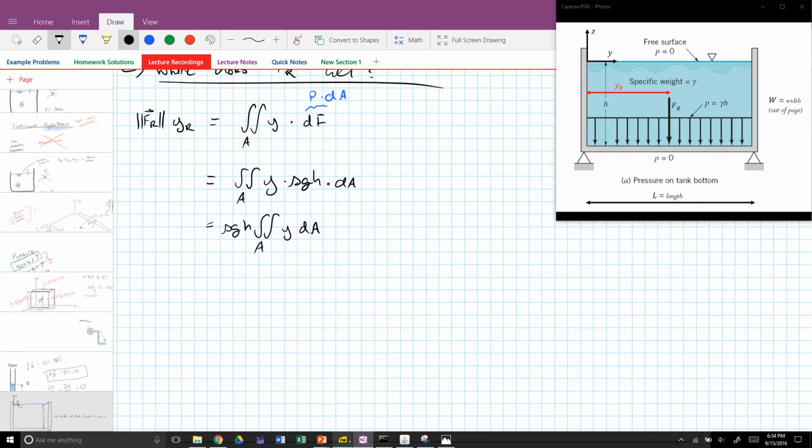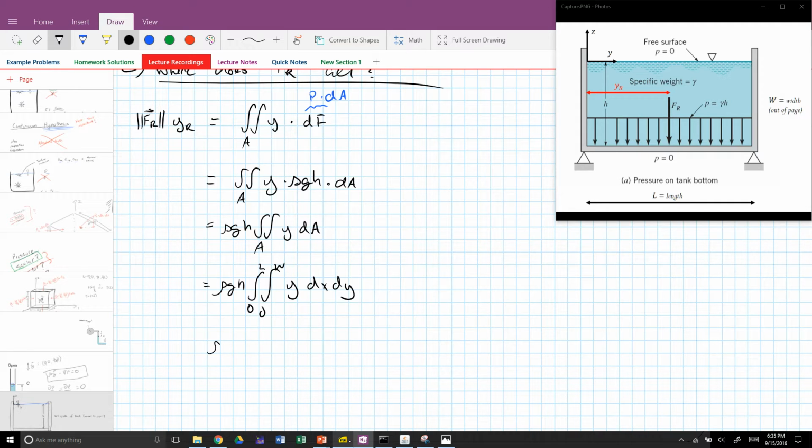Okay, and finally, this equals rho g h, integral 0 to L, 0 to W, y dx dy. So this first integral, we can go ahead and move along.